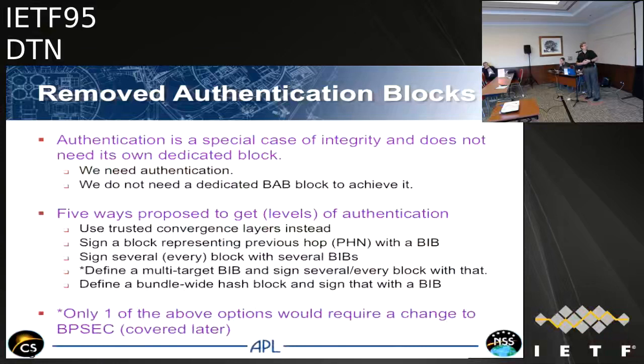We came back and said we do need authentication, but we don't need a dedicated BAB block type to achieve it. So then the natural question was, if BPSec is not going to have an authentication block, how are you going to achieve authentication? Because we need to make sure that that recipe exists somewhere and somehow in order for us to remove it out of this specification. So we came up with at least 5 ways of putting this forward, and I'm sure there are more, and perhaps there are fewer.